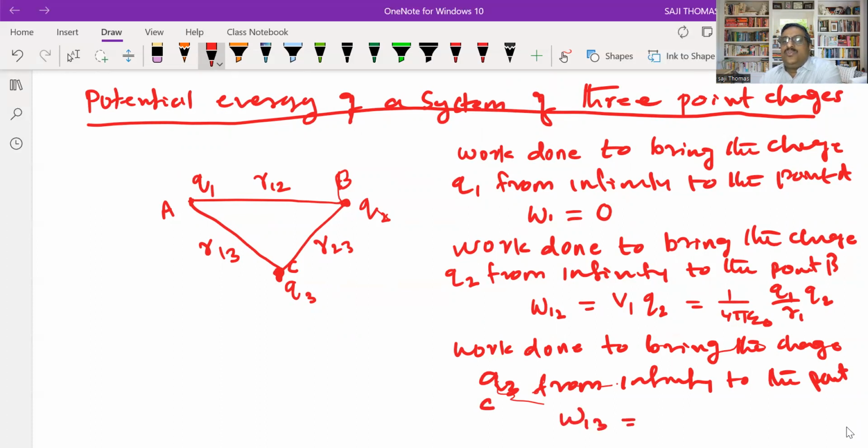Here I need to do work against the force of Q1. That work is V1 into Q3. We are moving Q3. Similarly, we have to do work against the force of Q2. So we can write that as V2 into Q3.